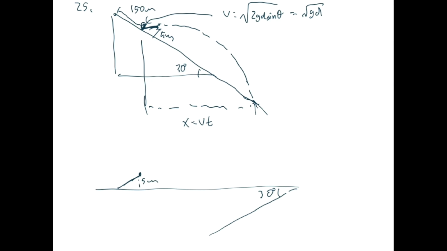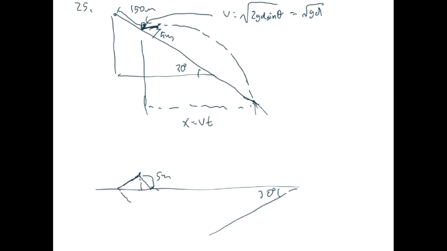Oops, wait, I think I might have drawn the diagram wrong. Okay, so 5 meters is actually this distance, 5 meters. Now that that's done, we can find the time for this.